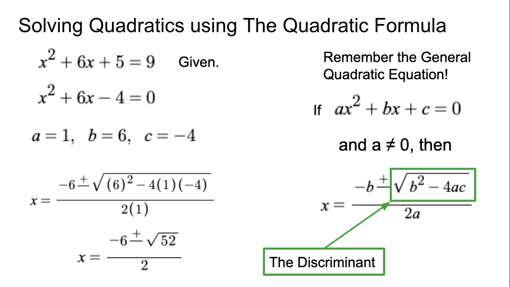And then finally, if our discriminant is a square number like 9 or 16 or 25, then chances are we probably could have factored that quadratic. We're not going to end up with an irrational solution. So there might have been a way to factor that quadratic if the discriminant is a square number. So that's just some information about how the quadratic formula is related to various types of quadratic equations.